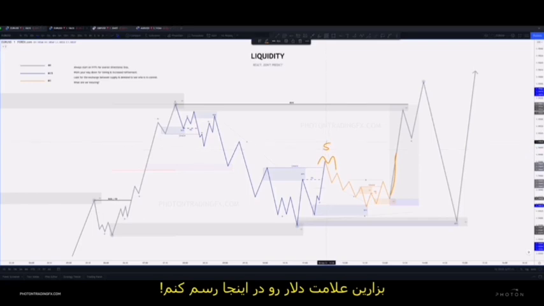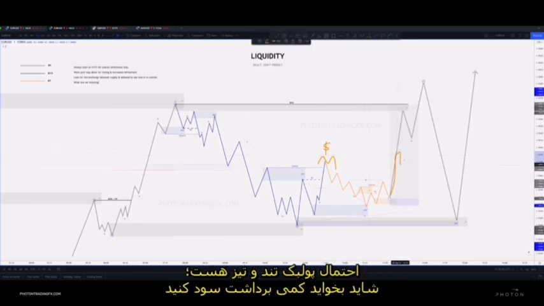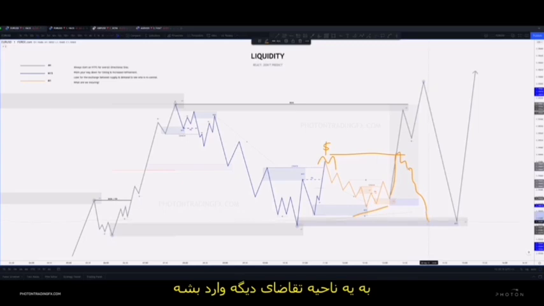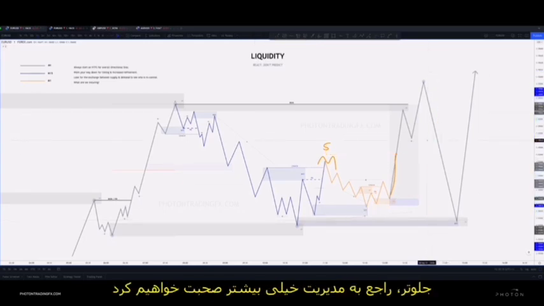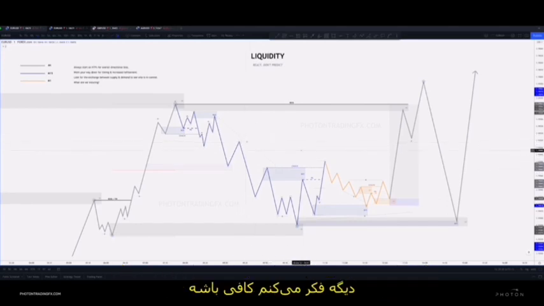Which I've poorly drawn a dollar sign on. You may use that to your knowledge that when price pulls past that, when it sweeps it, it's likely to have a steep pullback, and maybe you want to pay yourself, right? So you can take some partial profits off the table, pay yourself just in case price then does come down, sweeps all of this liquidity, taps into another demand zone, and then we get the real move. Okay, so again, we can talk about management in a lot more depth later, but I want you to start thinking about the reasons why, and how we can use those concepts in our trading in as many ways as possible. So I'll leave that there.